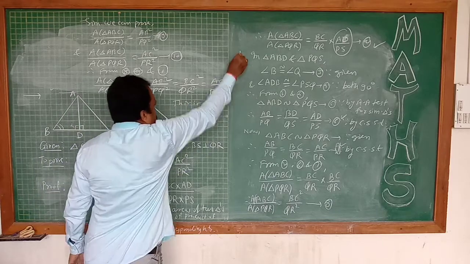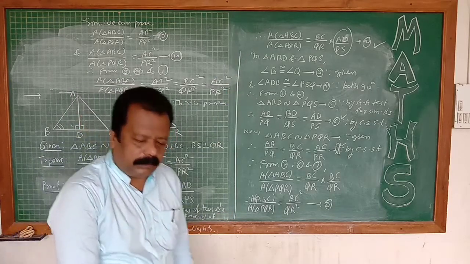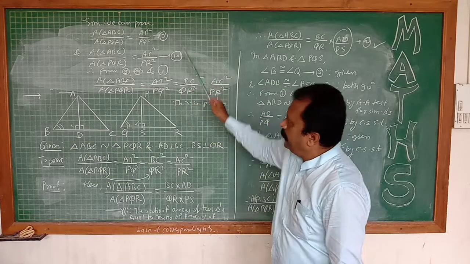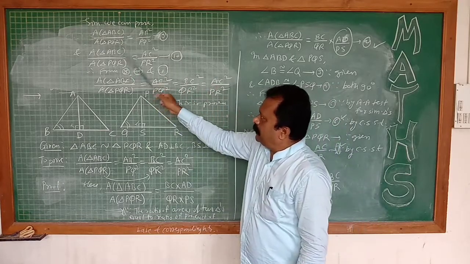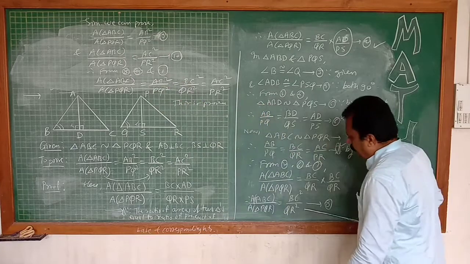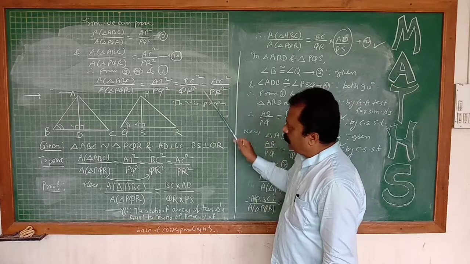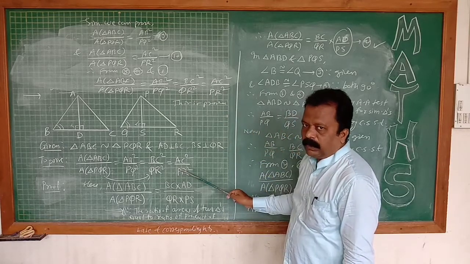Now see, from 8, 9 and 10, the left side is all equal, so the right side is equal to right side is equal to right side. So AB square upon PQ square is equal to BC square upon QR square is equal to AC square upon PR square. See, this result we got.